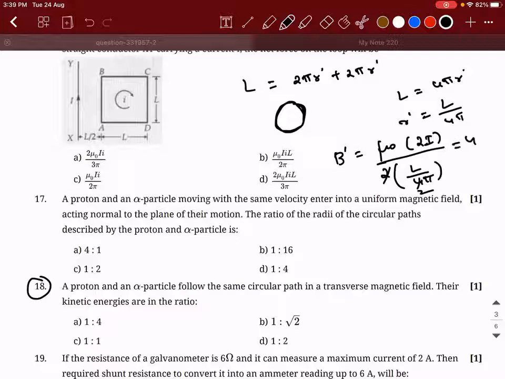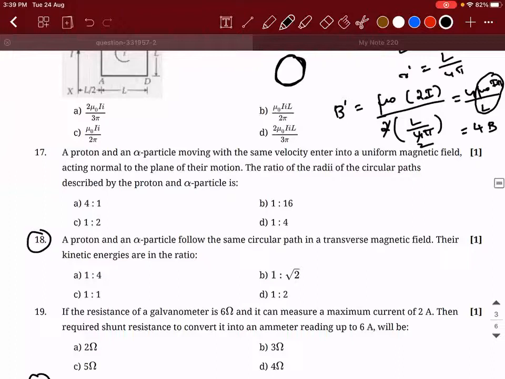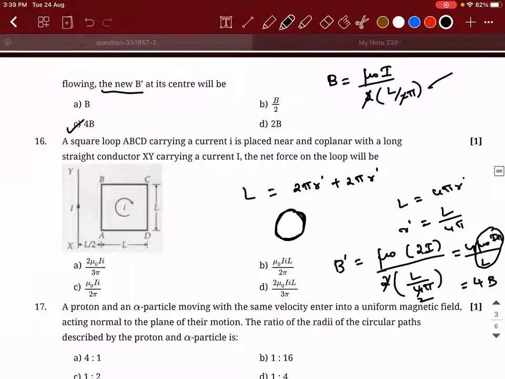So this will become 4 times mu naught I pi divided by L. But mu naught I pi divided by L is B. So B dash will be equal to 4 times B. That is the answer.